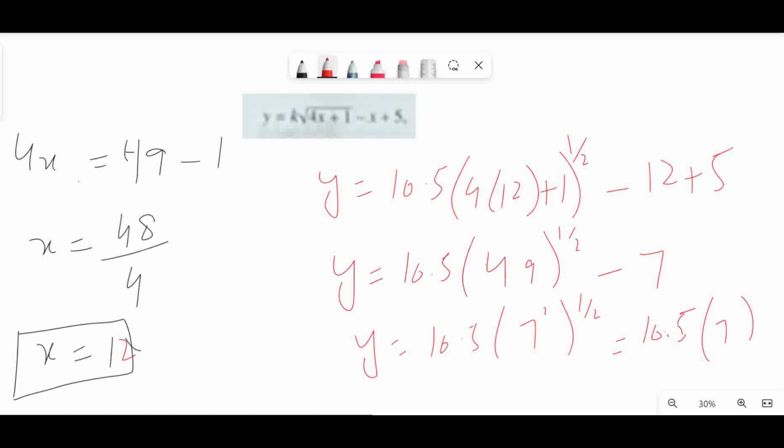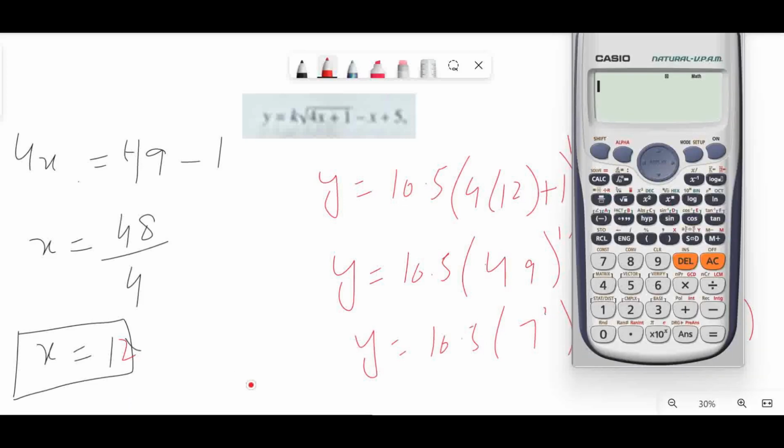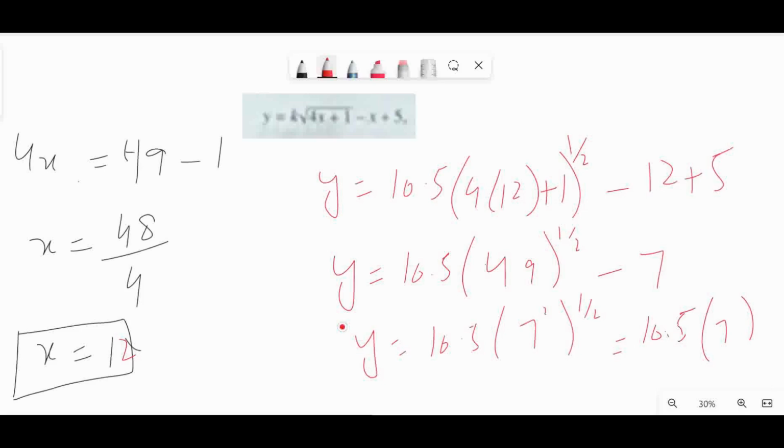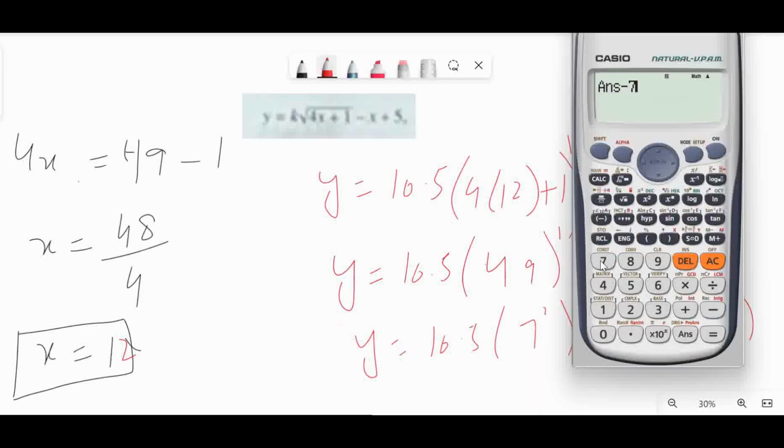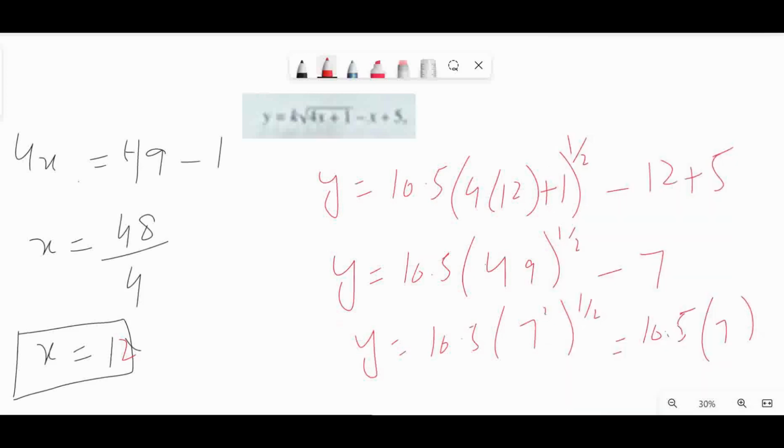So if we simply multiply it, we will get the value of y. 10.5 into 7 will be equal to 147 by 2. So we can say that 147 by 2 minus 7 will be equal to 133 by 2.